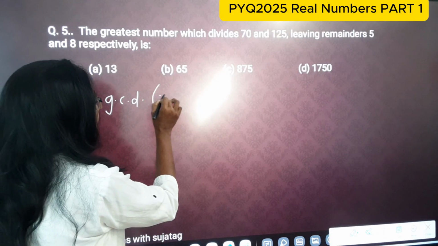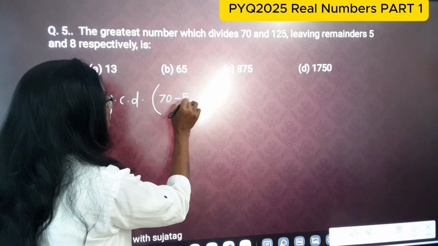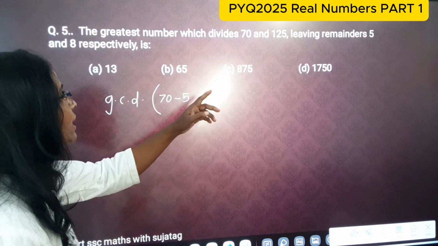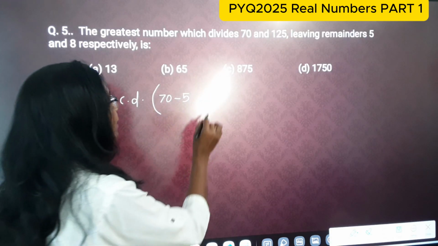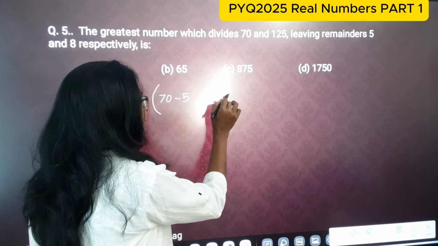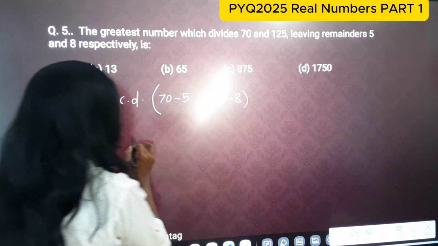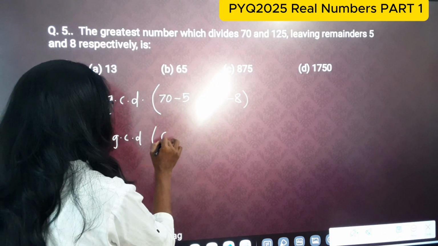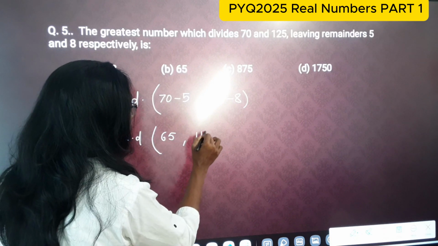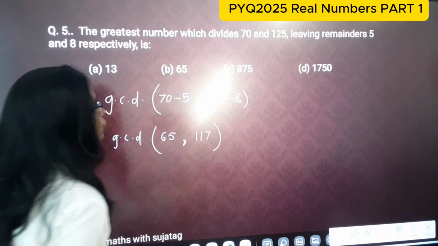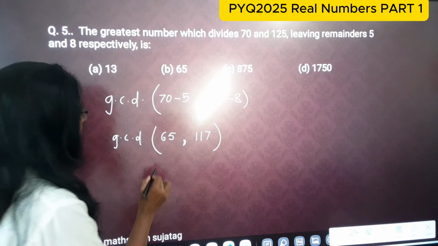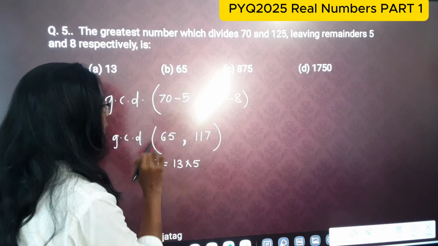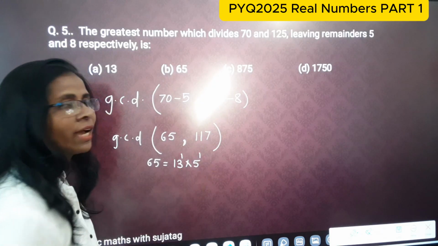So the HCF of 70 minus 5, because it leaves the remainder 5, and 125 leaves the remainder 8, so 125 minus 8. So now the GCD of 65 and 117. Factorize 65, that is 13 fives are, so 13 raised to 1, 5 raised to 1.